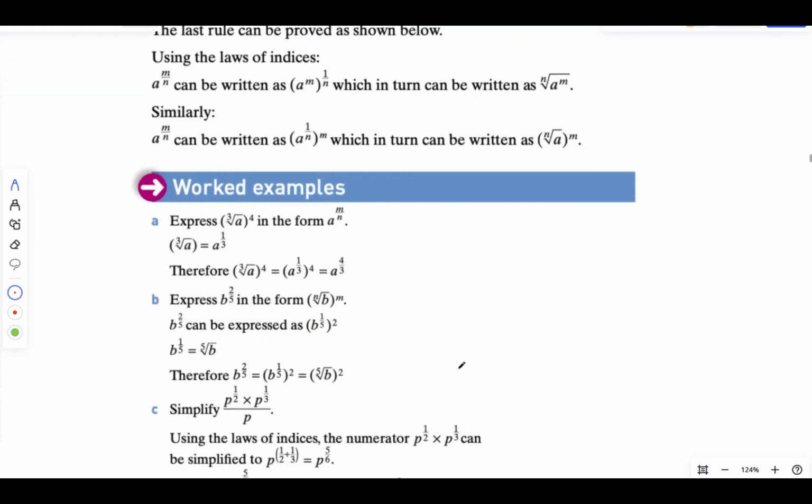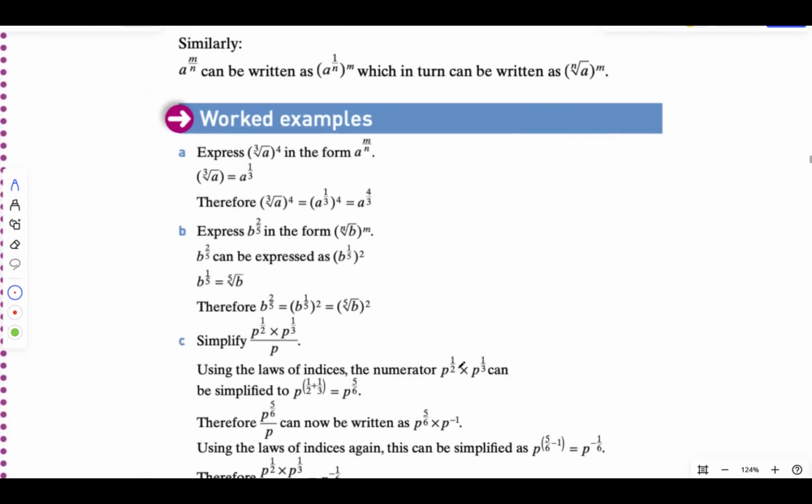Now here, the same thing is expressed. Here we're just showing you some examples. They express the cube root of a to the power of 4 in this format. So we're going to express the cube root of a.